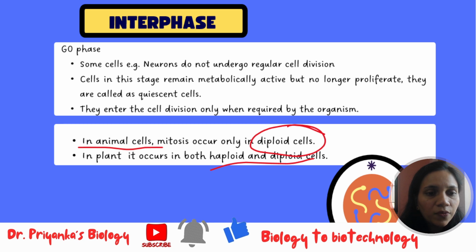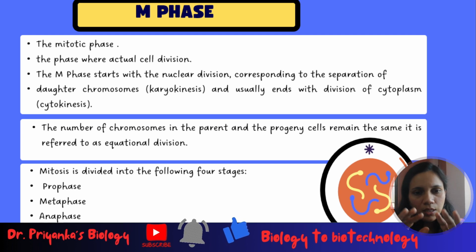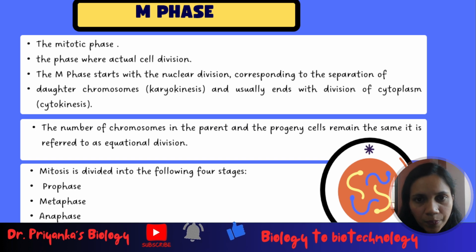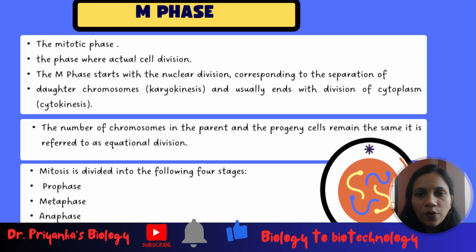The next part we are going to see is the M phase. Let us roughly see what we are going to cover in the next segment. The M phase, or mitosis phase, is where there is actual cell division. Three things happen. First is nuclear division. Then there is separation of the daughter chromosomes.